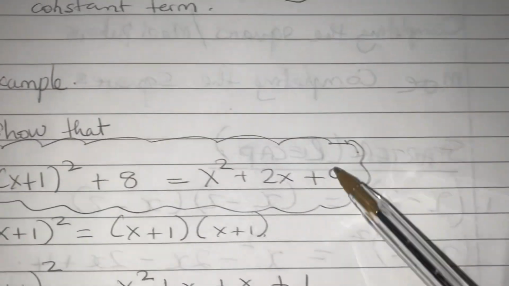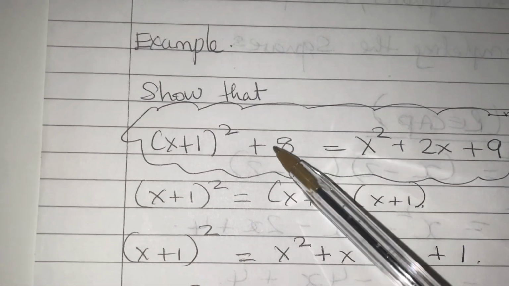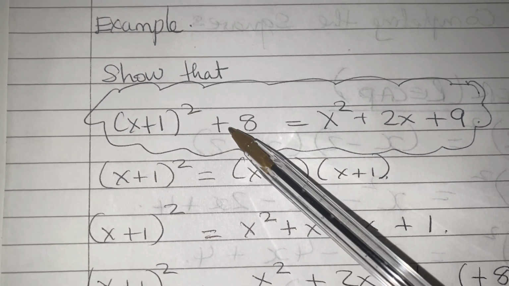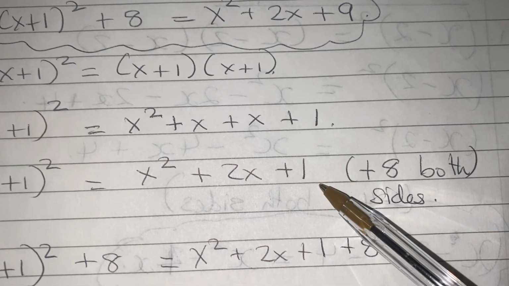Now, if I look at this, I have to add 8 to the left-hand side. So I'm going to also add 8 here.